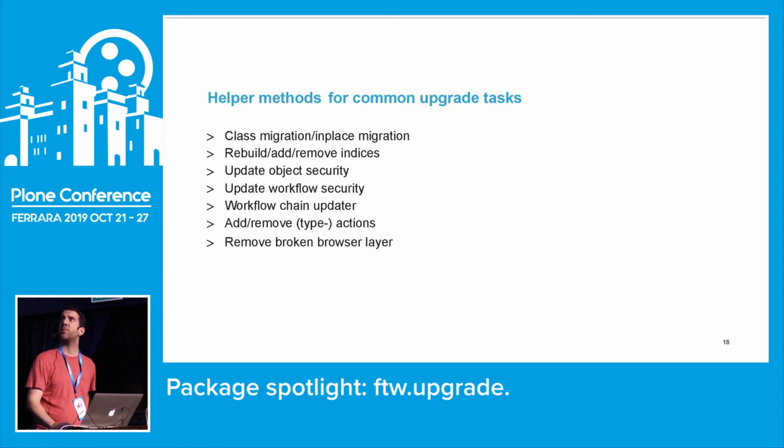We have a workflow chain updater in case you need to replace the workflow of an object, and you can provide it the state mapping, so it will automatically update the states of the new workflow for your objects. Also, I think also in the workflow history, if you need to do so, then you can add or remove actions or type actions if you still use it, and you can remove broken browser layers and other stuff that's broken.